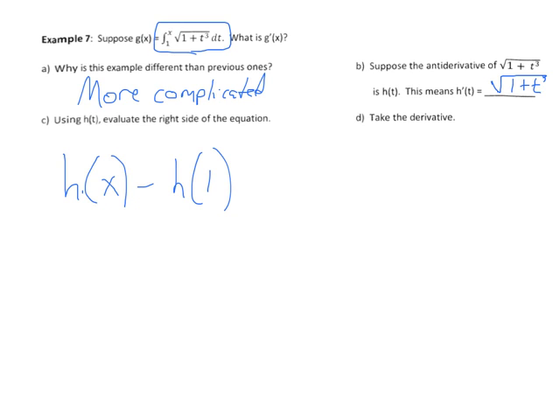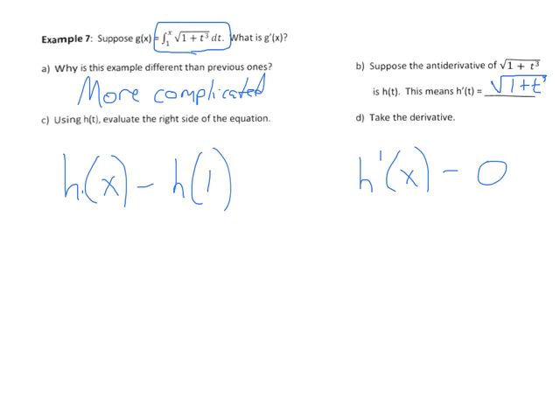So what we're doing again is we're doing the integral, and then we're taking the derivative. And when I take the derivative of h of x, I get h prime of x minus, and then h of 1 is just going to be a number, right? If I plug a number into an equation, I'm going to get a number. So derivative of a number is 0.